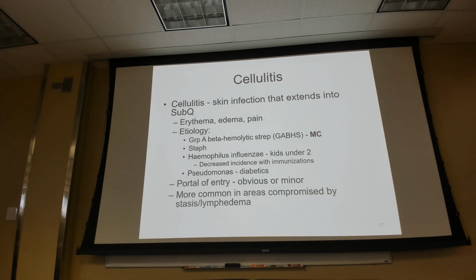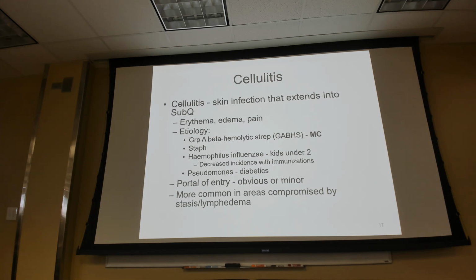All right, cellulitis. So this is a subcutaneous process that is causing them to have some redness, some pain, some swelling. The most common cause is strep that is at work here, but we do have some of the other ones there.